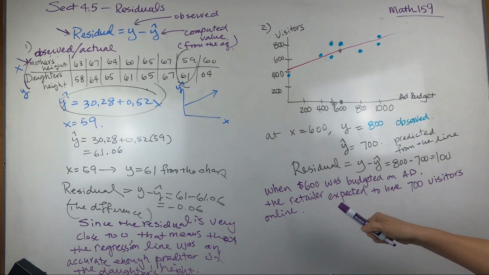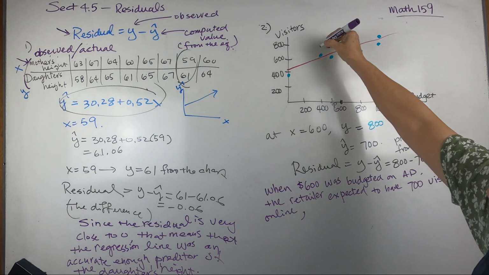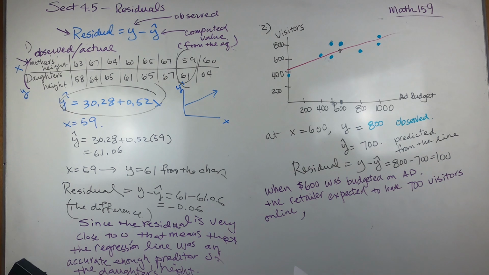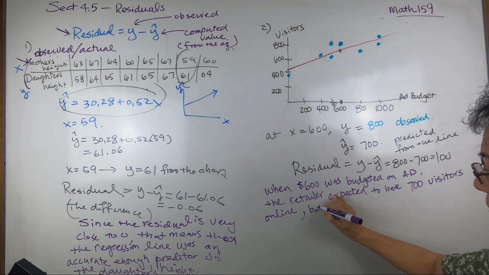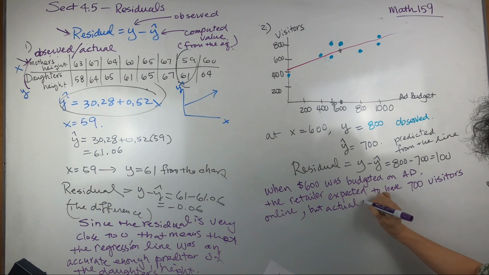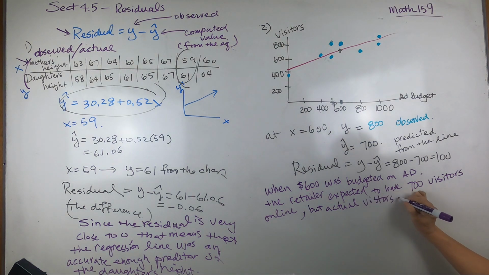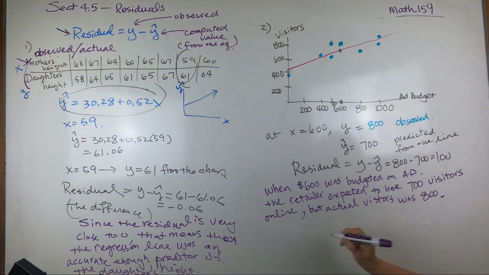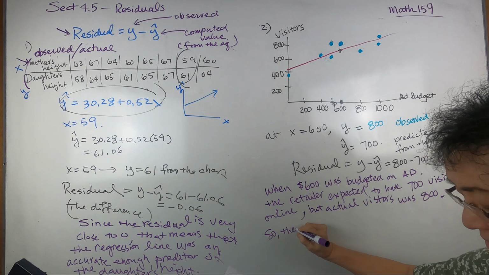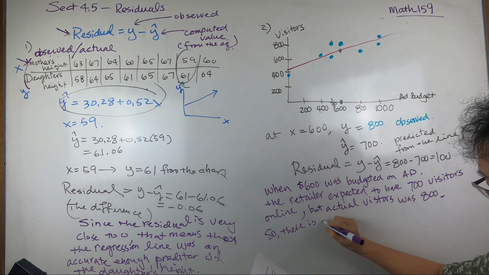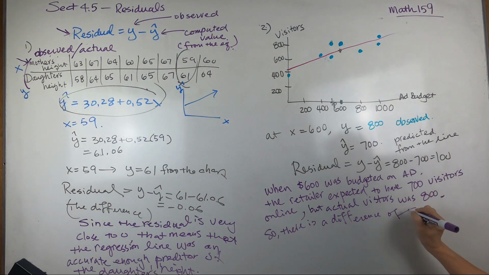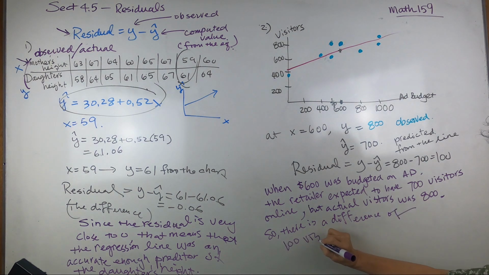But the actual may not be the same. That's the scatter plot, the blue ones. So what happened? The actual visitors were 800. So there's a difference of 100 visitors.